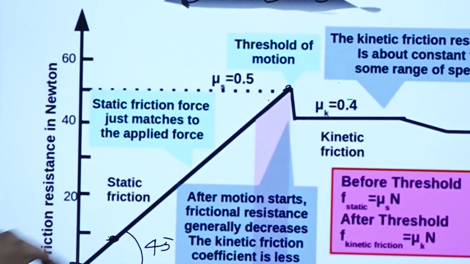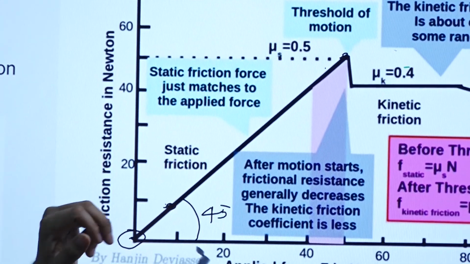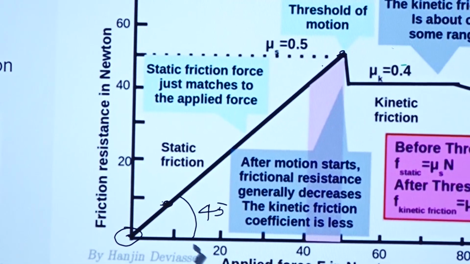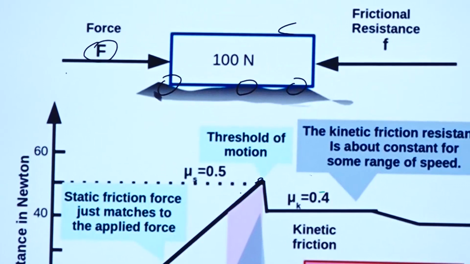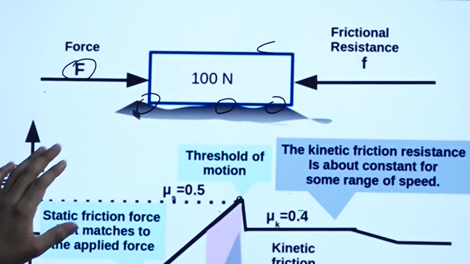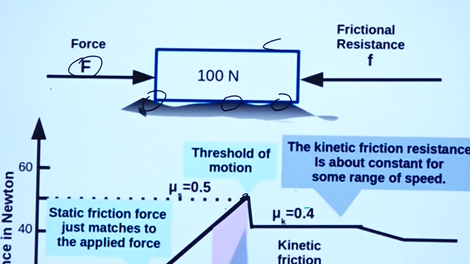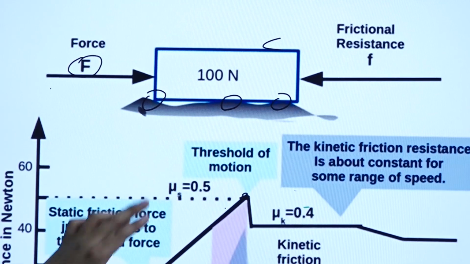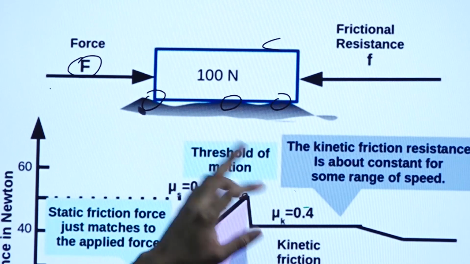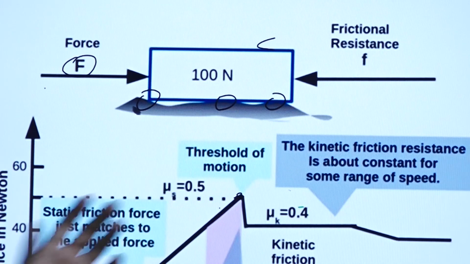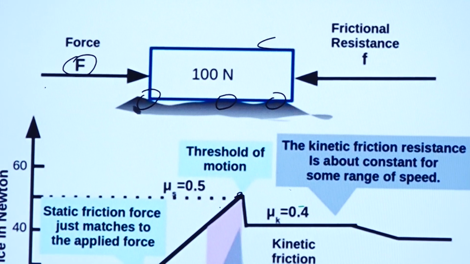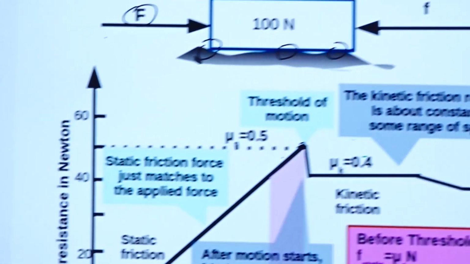After that, the frictional force starts decreasing. The reason is, after that these bonds will be broken. When we put more force, these bonds are going to break, and when the bonds are broken, this body starts to move in the forward x direction, right?